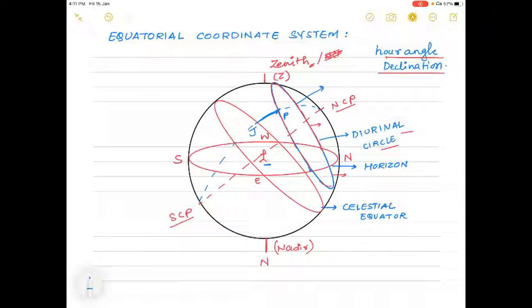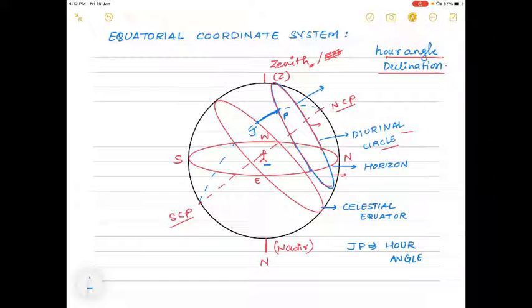So this is the point. Suppose I give this point the name J. This is where the great circle from the star intersects the celestial equator. So this angle JP is called the R angle.